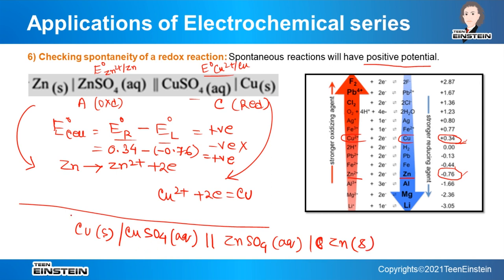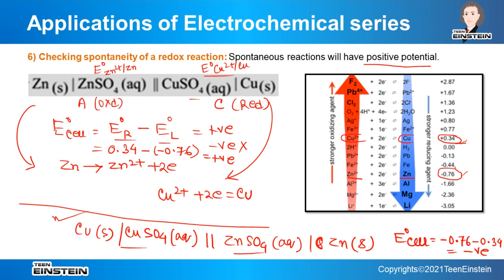If it is asked whether this cell representation is possible, you will find the E naught value. E naught cell will be, first you write the right hand side value, which is minus 0.76, and then you write the left hand side reduction potential, which is minus 0.34. So this value is highly negative, so this reaction is not spontaneous. In this way we can check the spontaneity of a redox reaction.